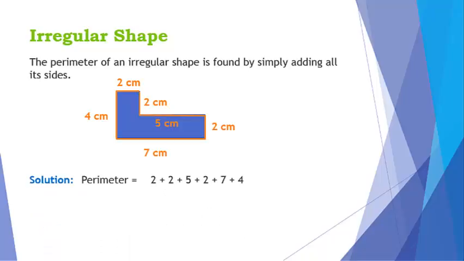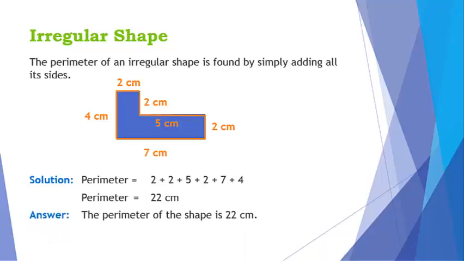So the solution: the perimeter is equal to 2 plus 2 plus 5 plus 2 plus 7 plus 4. So the perimeter is equal to 22 centimeters. Answer: the perimeter of the shape is 22 centimeters.